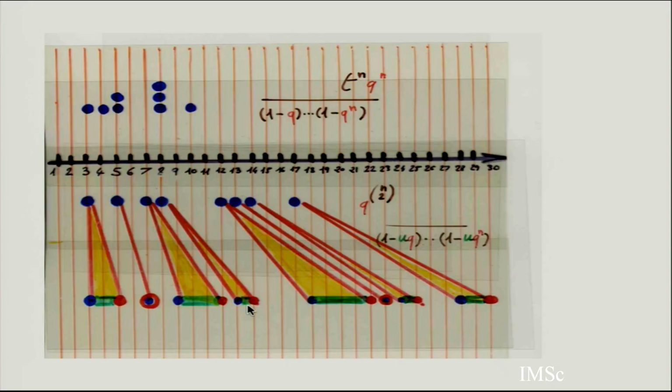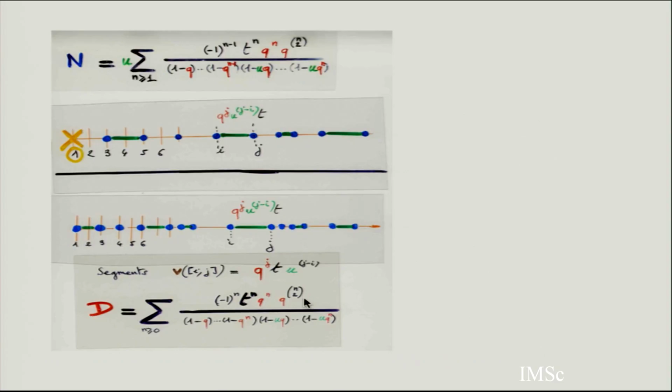So if you are convinced of this short proof, then I get that the denominator is this q-analog with the parameter u of the q-Bessel function, and the numerator is the same, but you have to avoid the point 0. So it's just a shift. You multiply by q to the n.